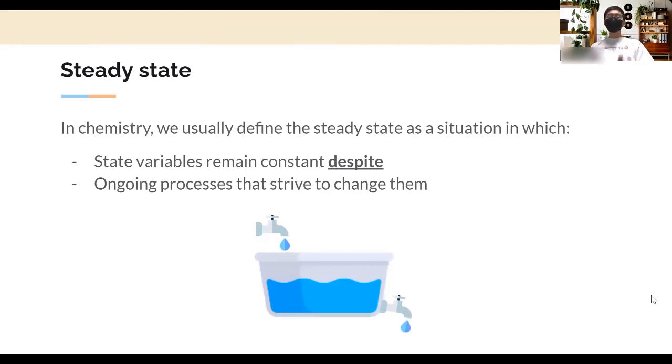The steady state is achieved when the rate of stuff being added in is the same as the rate of stuff being poured out. So the amount of water in the bathtub doesn't change, even though both taps are trying to do different things, adding water in and taking water out.